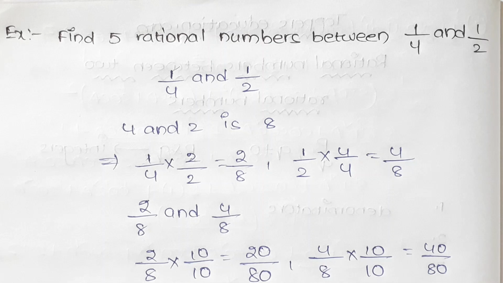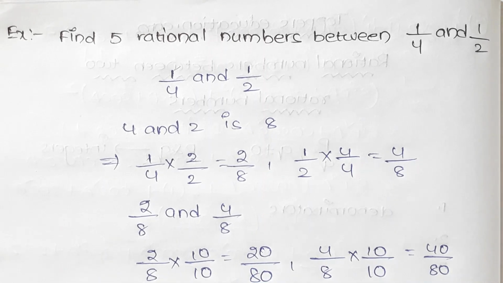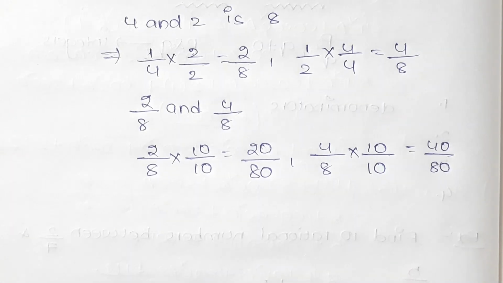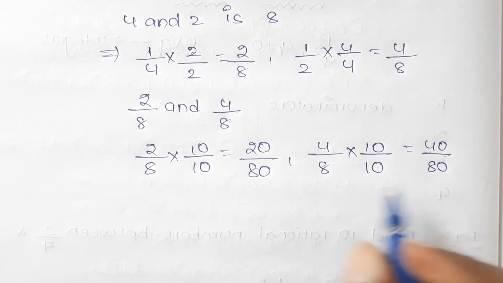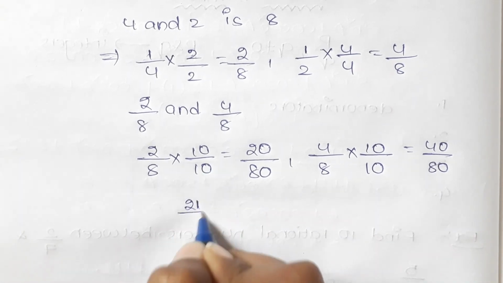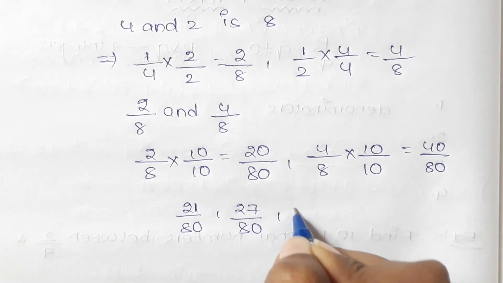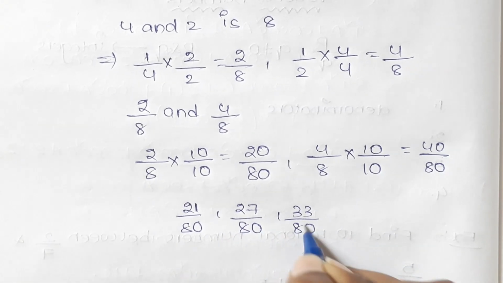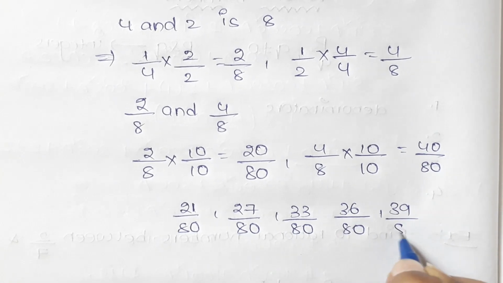In between 20 by 80 and 40 by 80, we can find 20 rational numbers, but we need just 5. We can write any 5 of them: 21 by 80, 27 by 80, 33 by 80, 36 by 80 and 39 by 80.